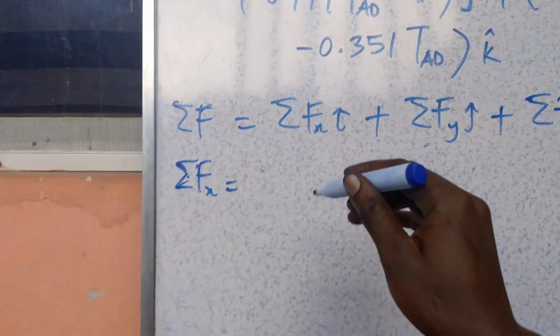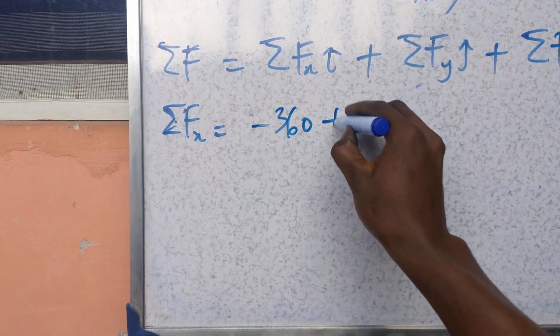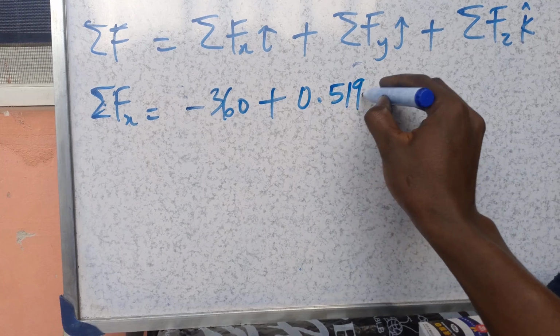So we'll have sigma Fx equals minus 360 plus 0.519 TAD.